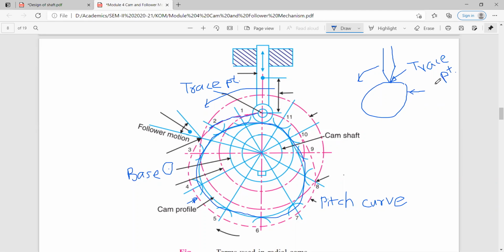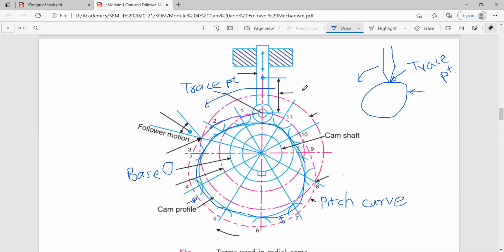But in the case of a roller follower it is slightly complicated, because here the pitch curve and cam profile are parallel curves, but they do not coincide. What is the distance between your pitch curve and the cam profile? This distance is equal to the radius of the roller.